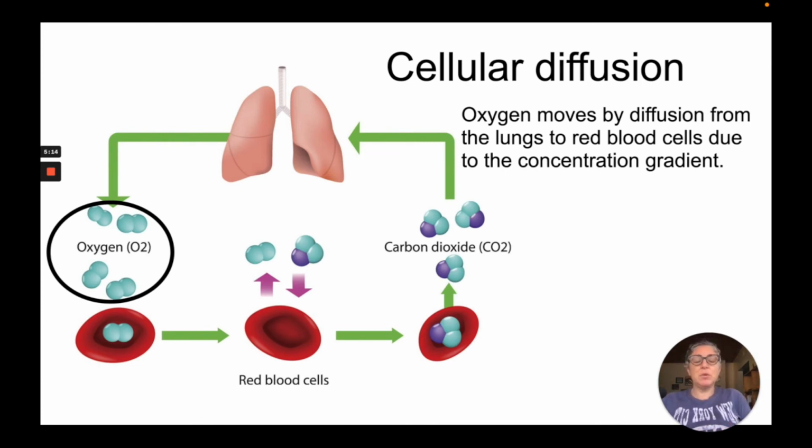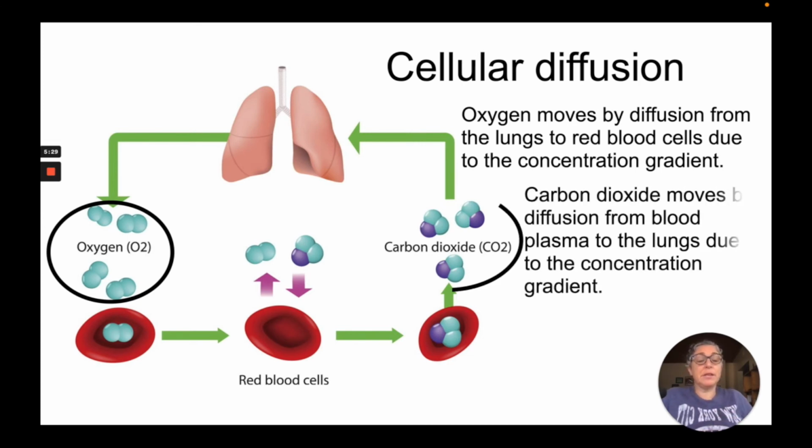This continuous flow of deoxygenated blood will always create a concentration gradient that allows the oxygen molecules to move from your lungs into the blood.